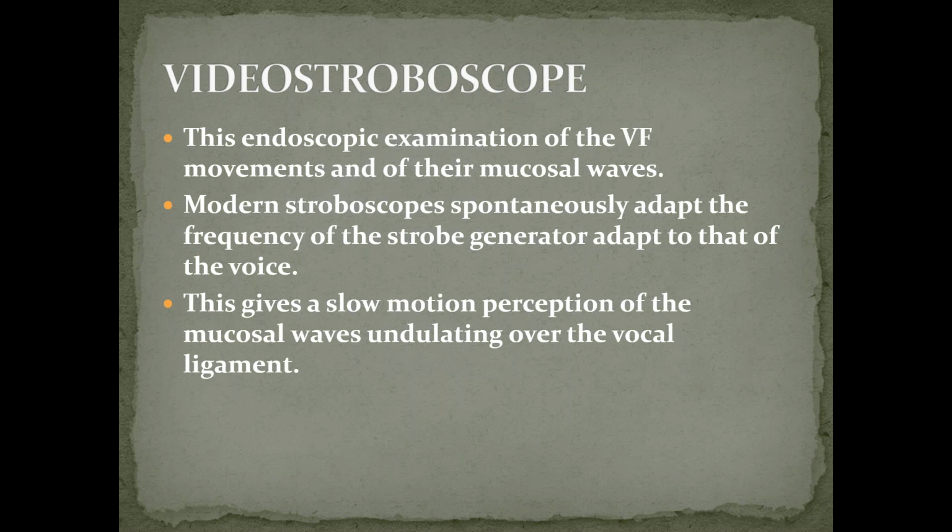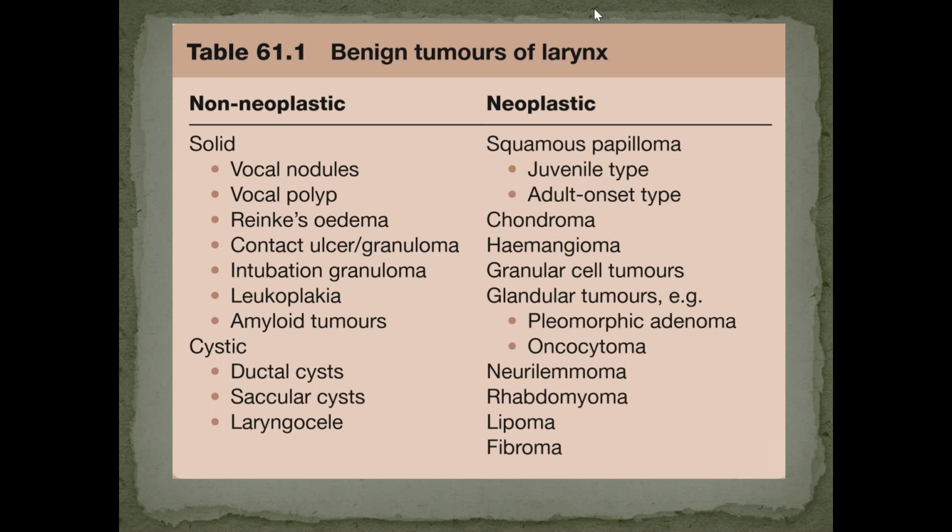It gives a slow motion perception of the mucosal waves of the true vocal cords. You can see the physiology or movement of the vocal cords even without a gross lesion. To detect early lesions of the vocal cords, we need to use the video stroboscope.